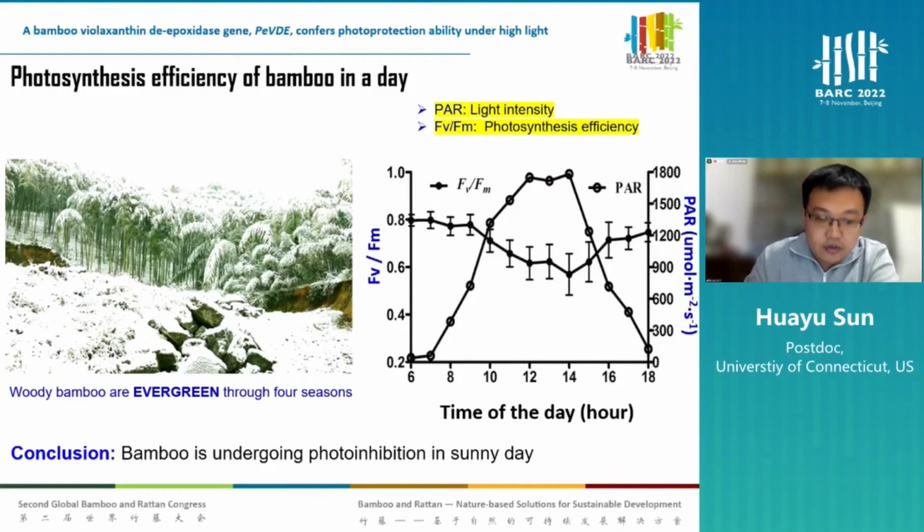In the right panel, the PAR reflects the light intensity in a day, and the Fv/Fm value is a sensitive indicator of plant photosynthesis efficiency. When the Fv/Fm value decreases under high light, we call this phenomenon photoinhibition. Our result shows that bamboo undergoes photoinhibition at noon on a sunny day.